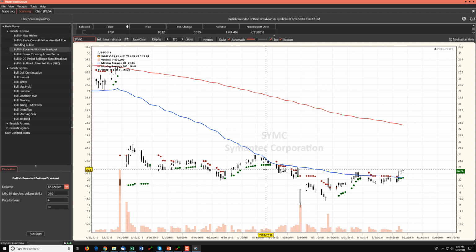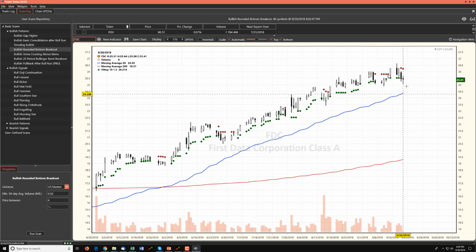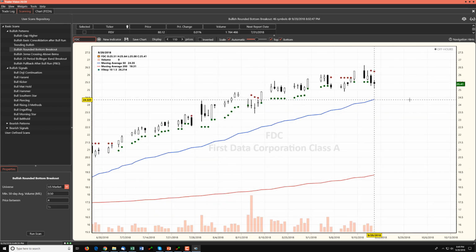Okay, let's see. Scott, FDC. First Data was, let's try that again. It's pulled back. It stopped me out. I don't know if it was yesterday, sometime recently, probably yesterday.